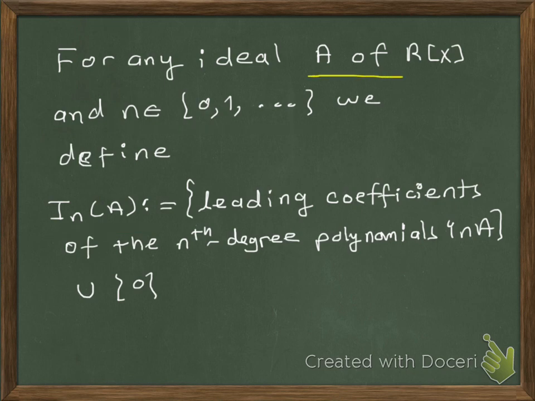So for a given ideal A of R[x], I_n of A is the set of leading coefficients of the nth degree polynomials in A, and 0. If there is no such polynomial, then you choose 0.